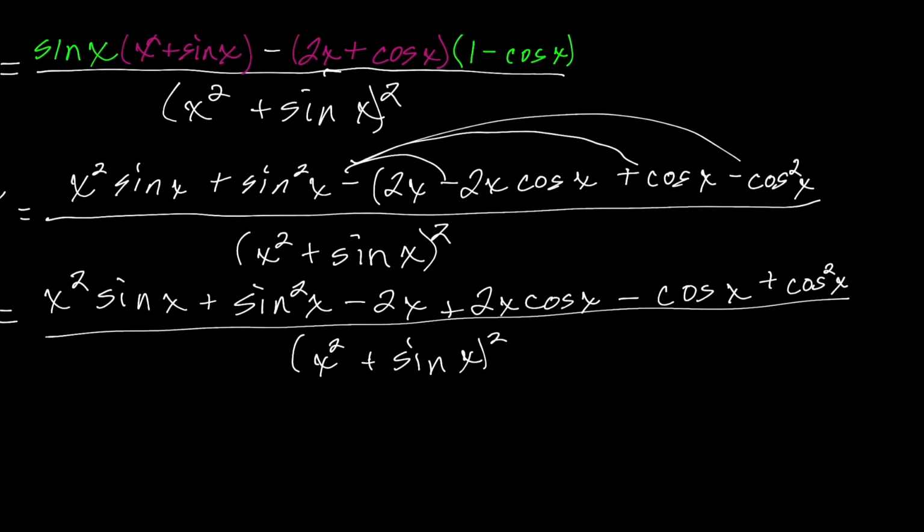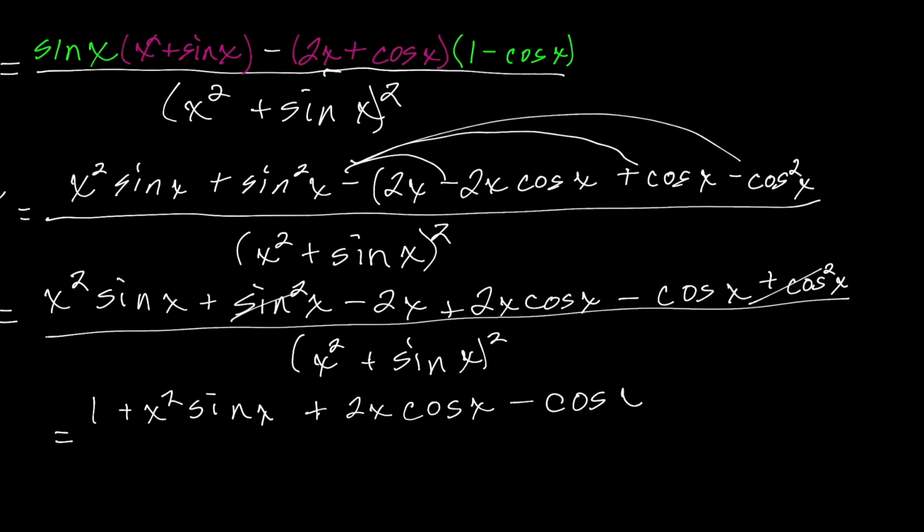So that gives me, running out of space, but I'm going to do it. Let me put a 1 here, plus x squared sine of x. This and this added up to 1. Let's see, plus 2x cosine x minus cosine x. I suppose I could add those, but I won't.